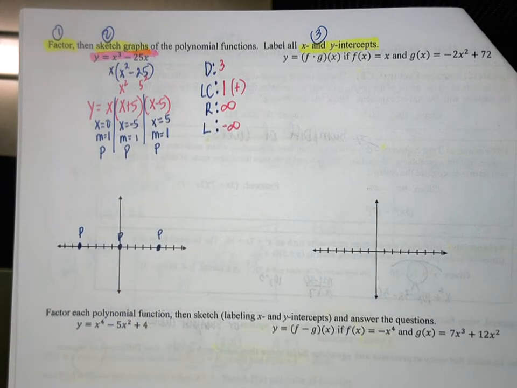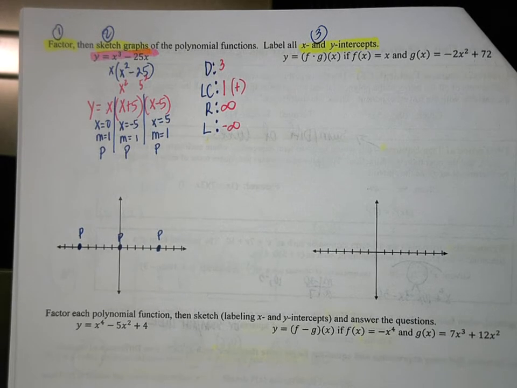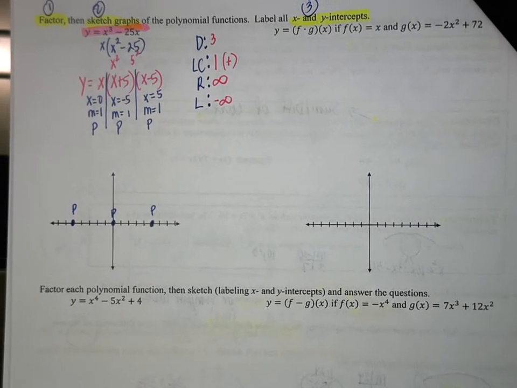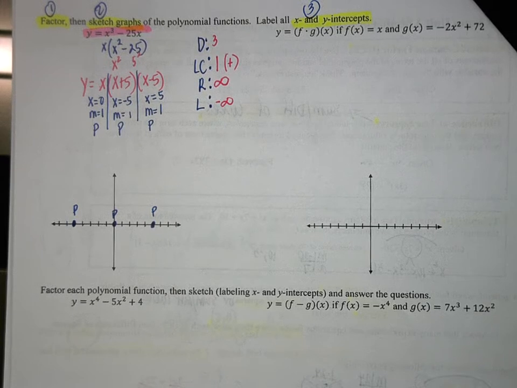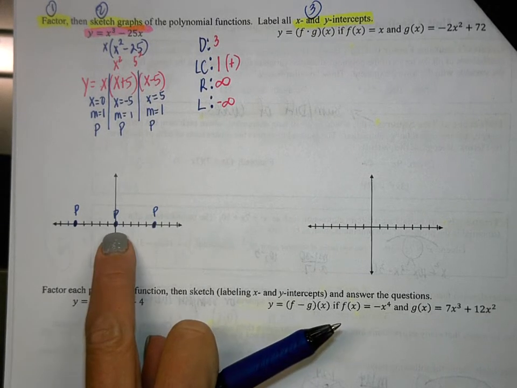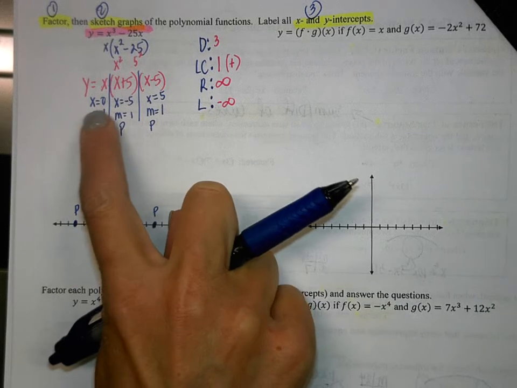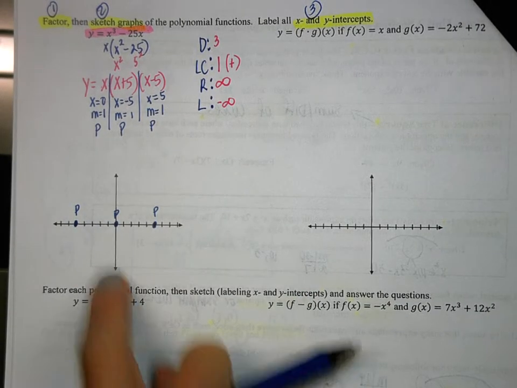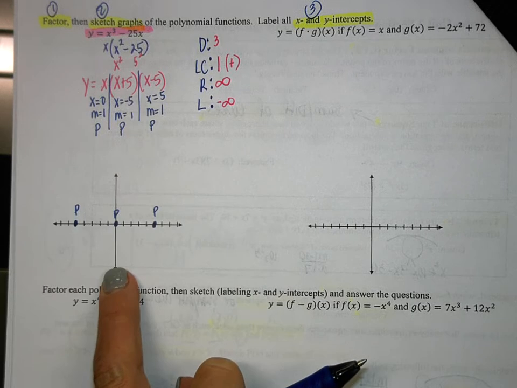Now, do I need to find a y-intercept? No. How come? We already have one. So anytime we have an intercept at 0, that is also our y-intercept. Anytime there's an x-intercept at 0, it also has the y-intercept, which means we can do less work.